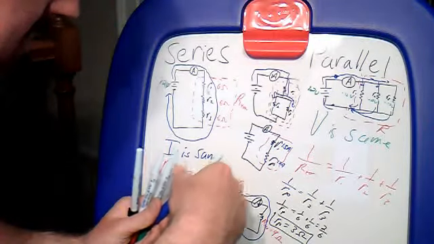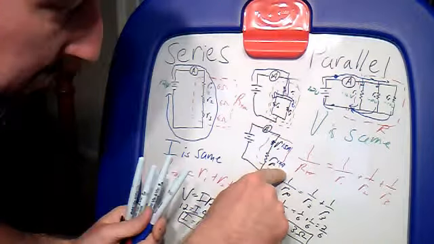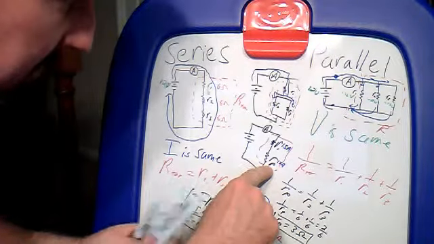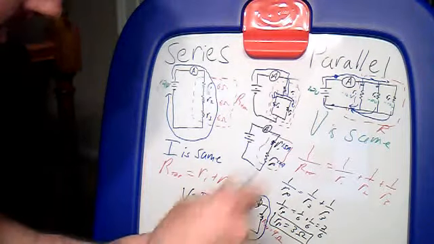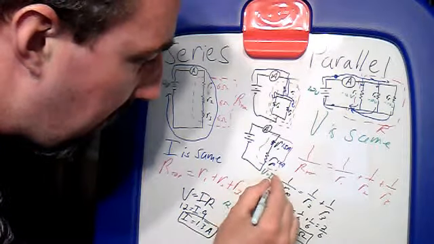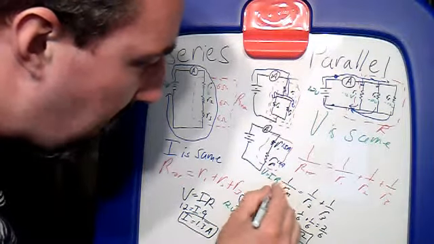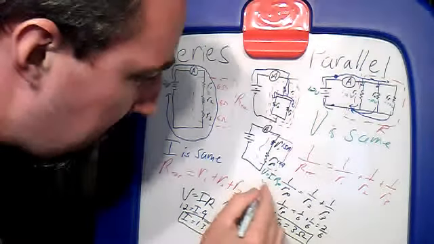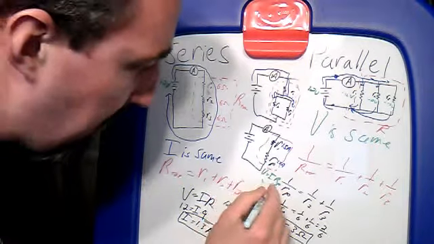Instead, what I do is I say, well, I got 1.3 amps there, and I know the resistance, so I'm going to apply Ohm's law again. V equals IR. In this case, it's RP. And we said RP was 3, and the current was 1.3.